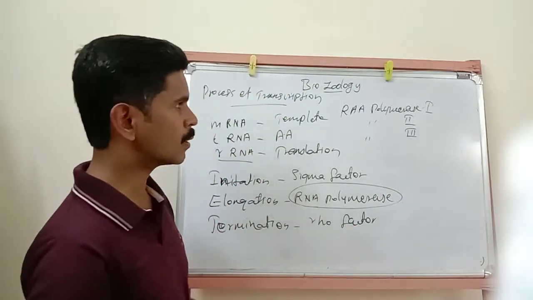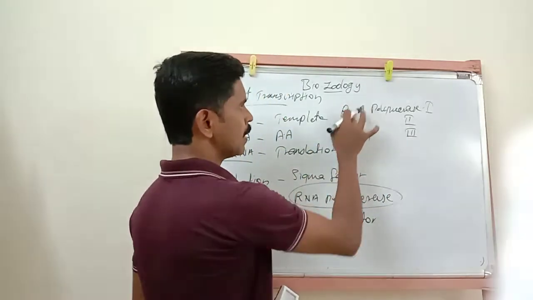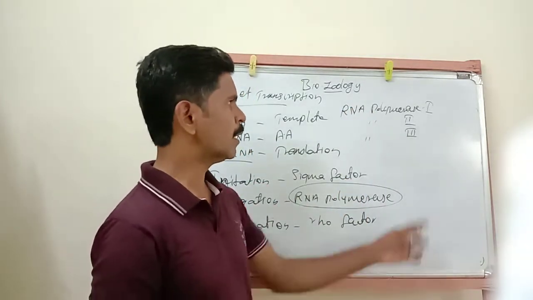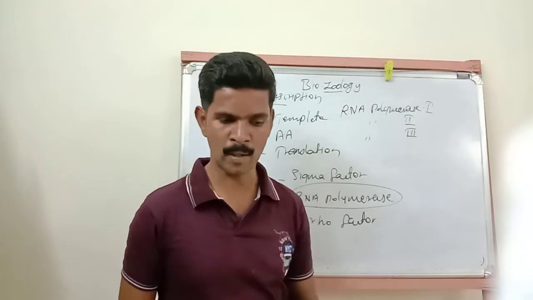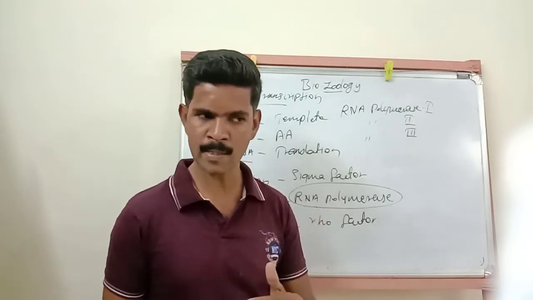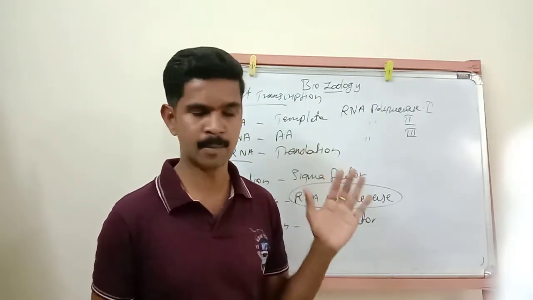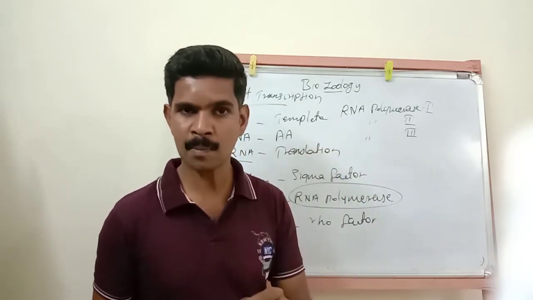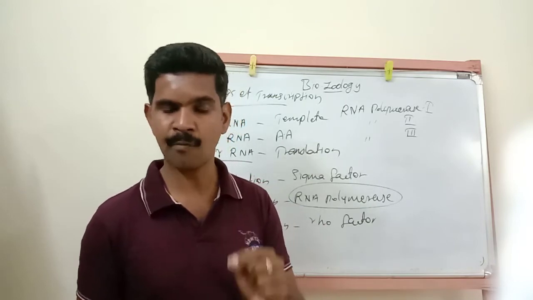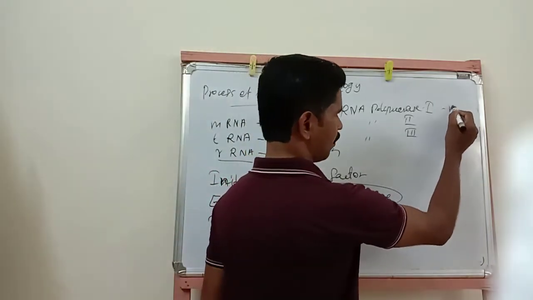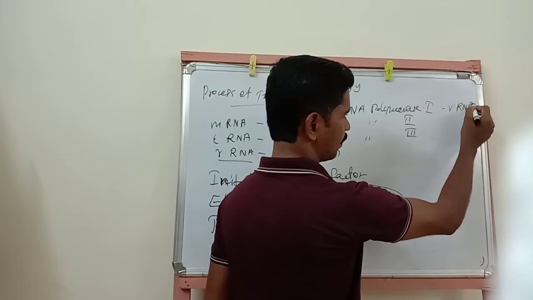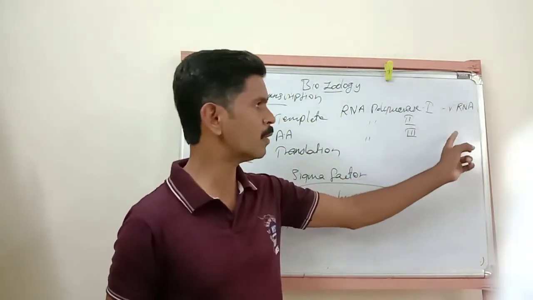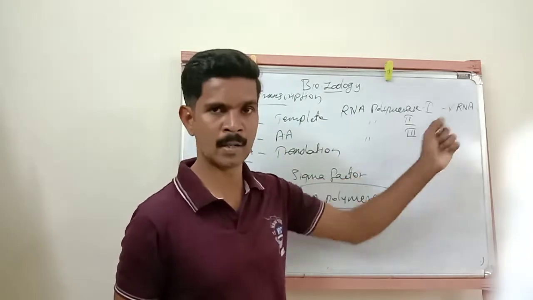So there are three types of RNA polymerase enzymes in a eukaryotic cell. Now I explain the uses of these three RNA polymerase enzymes. RNA polymerase 1 is responsible for the transcription of rRNA. So RNA polymerase 1 only controls the transcription of rRNA.